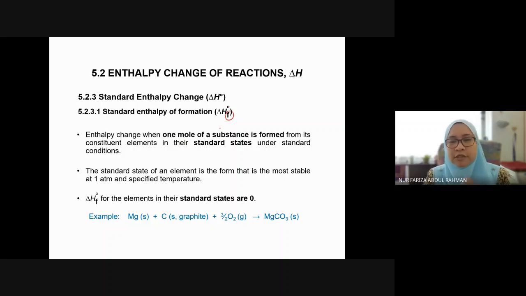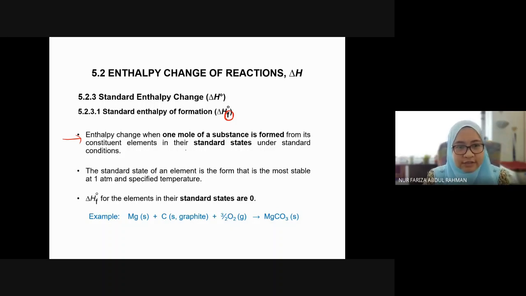Kita tahu from the equation based on the definition that we will go through kejap lagi. Alright, so we use delta H not F. The F represents the formation of the substance, how much energy is required to form that particular substance.